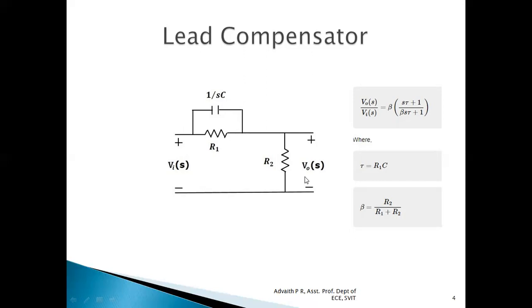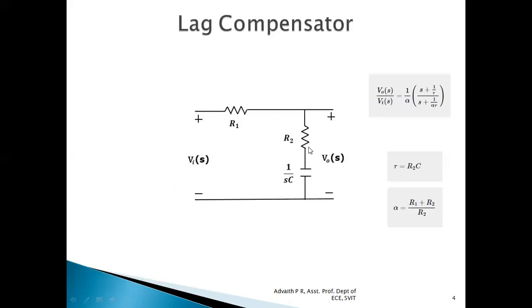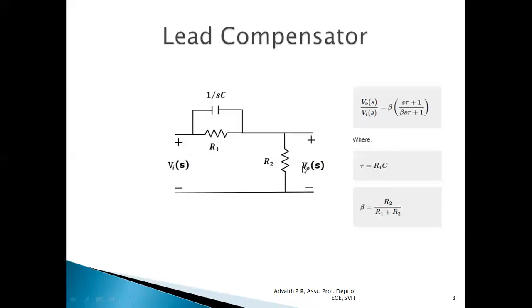There is a major difference between our lag compensator and lead compensator. In the case of lag compensator, resistor R2 was connected in series with capacitor and the output voltage was extracted across this combination. Whereas in lead compensator, the output is extracted only across resistor R2 and this capacitor is connected in parallel with resistor R1.